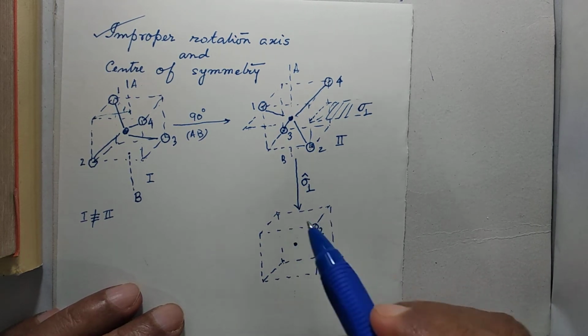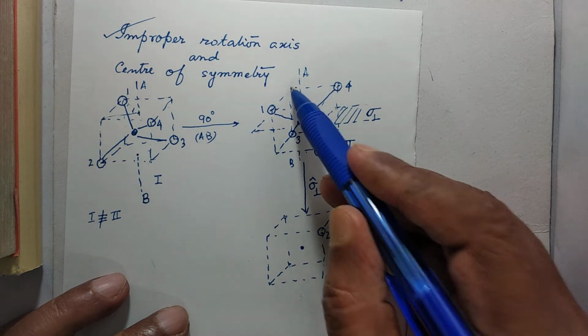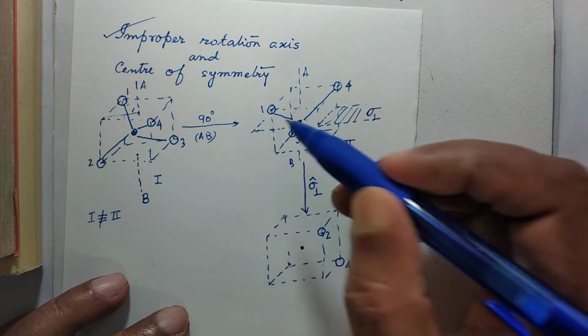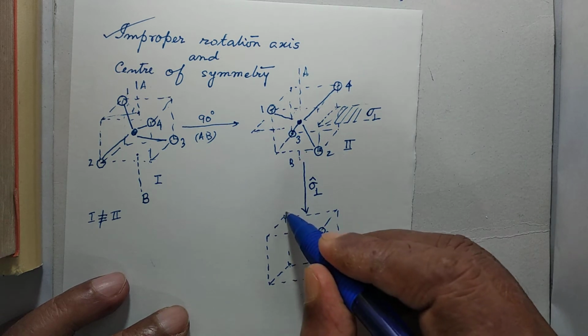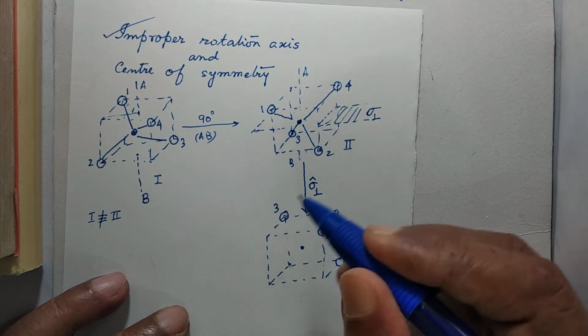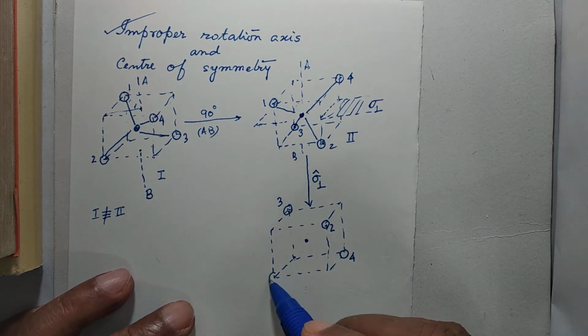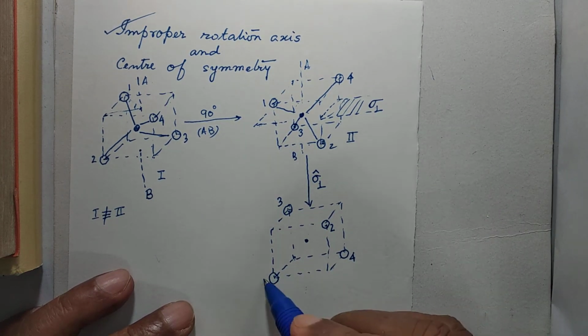Carbon atom remains here. 3 goes from the bottom to the top by reflection on this plane. So 3 from here goes to this position, and 1 from here comes down to this position.